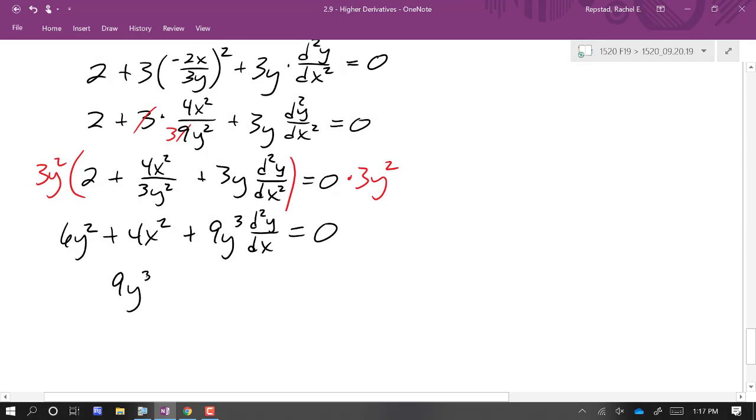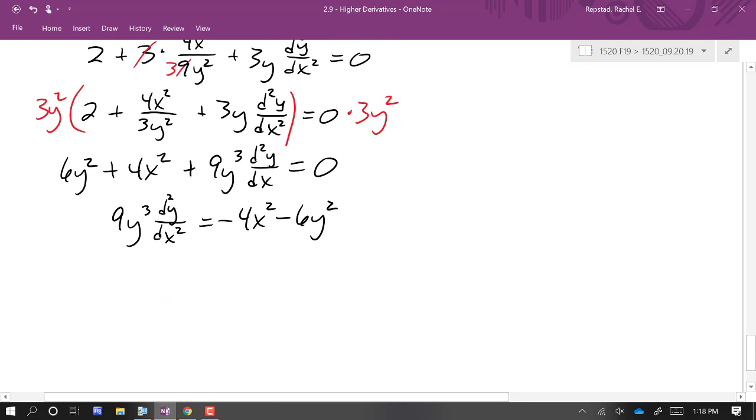So this is a negative 4x squared minus 6y squared. I'm going to do two things at once, but they're both fairly simple things, and so I hope that this is okay. I am going to divide both sides by 9y cubed. At the same time, I'm going to factor out negative 2 from that expression.